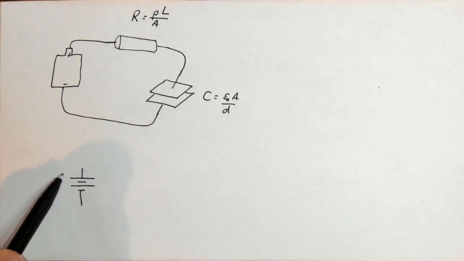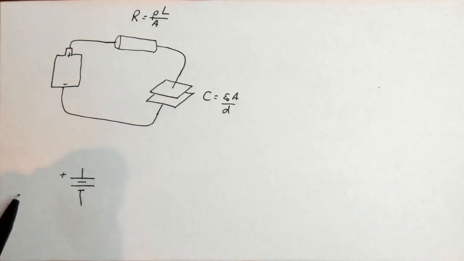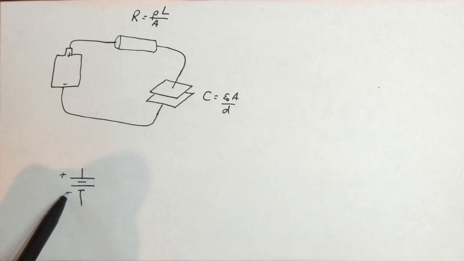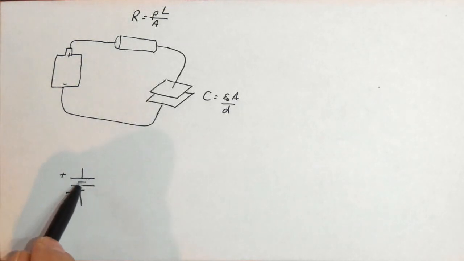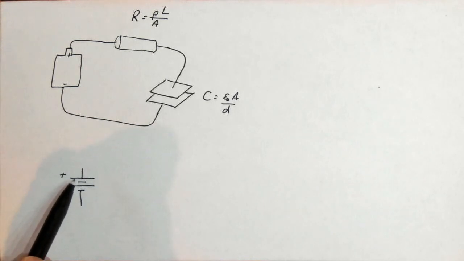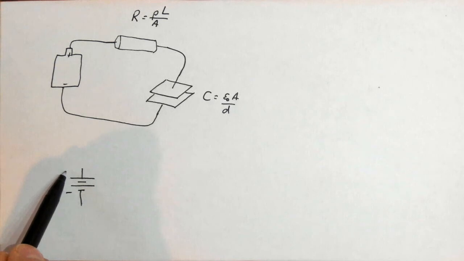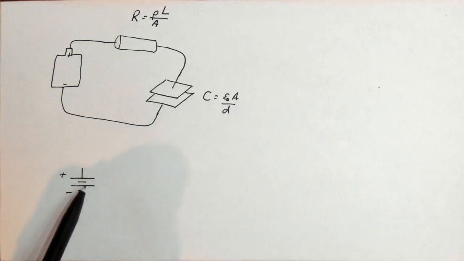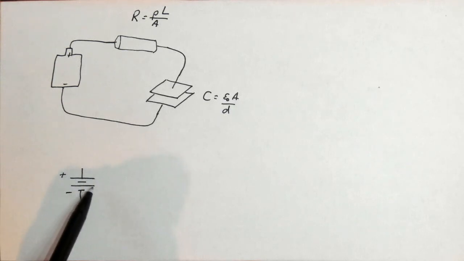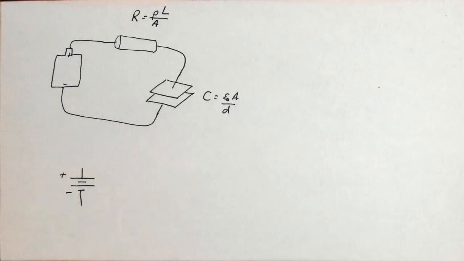The long bar is the positive end of the battery and the short bar is the negative. Sometimes I'll just draw one long bar and one short bar, not a double pair, because that's still sufficient to show which side's positive and negative. But often we'll get them confused with the symbol of a capacitor, and so we'll draw the double set: long bar, short bar, long bar, short bar. And that represents the battery and tells me which side's positive.